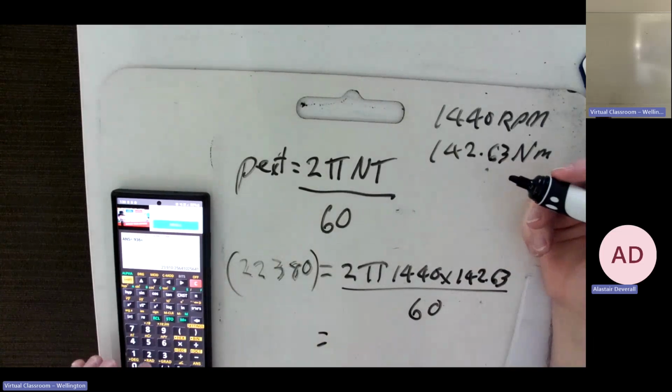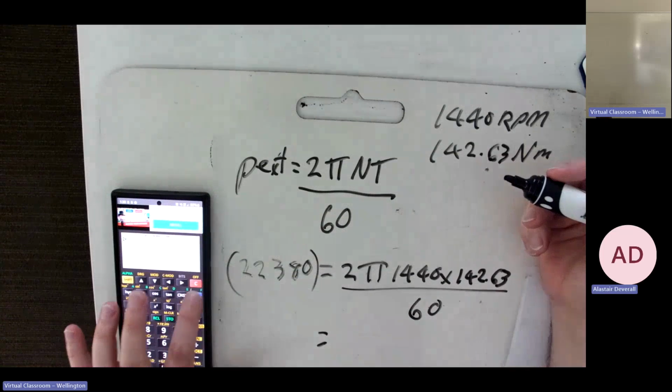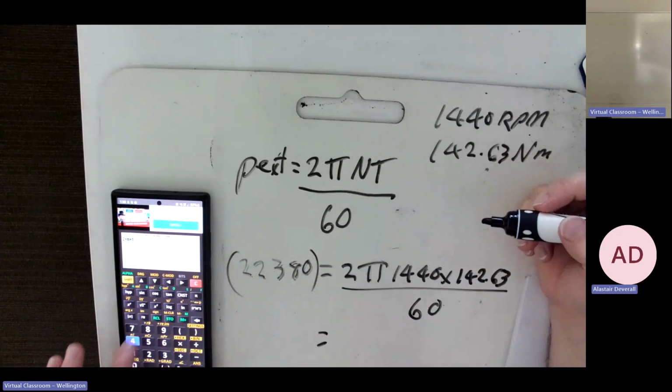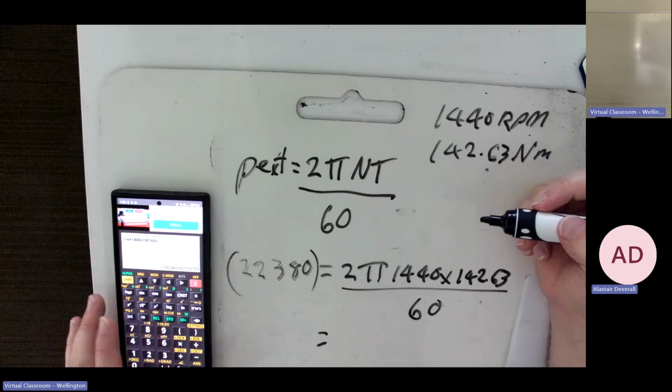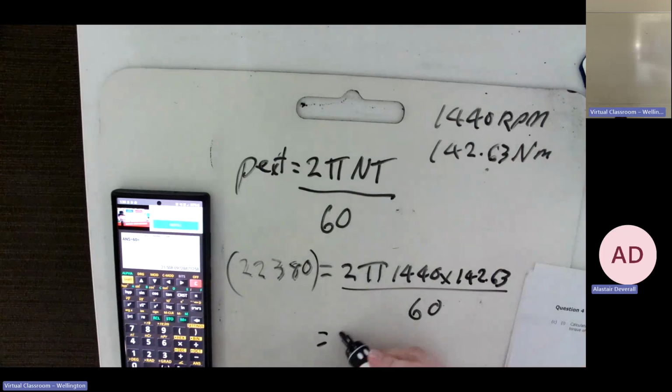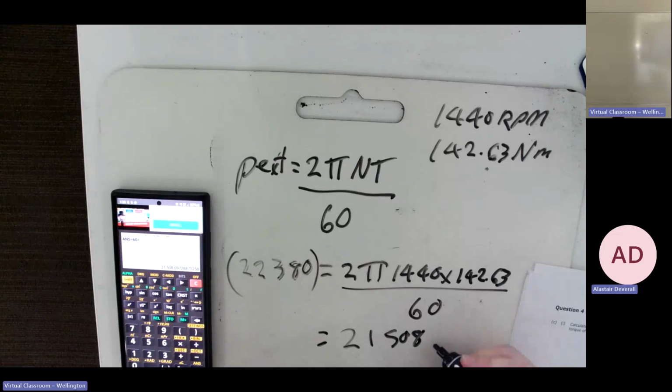So we go 2 times pi times 1440 times 142.63 equals, we get 1.29 million. We divide that by 60, and we get 21,508 watts.